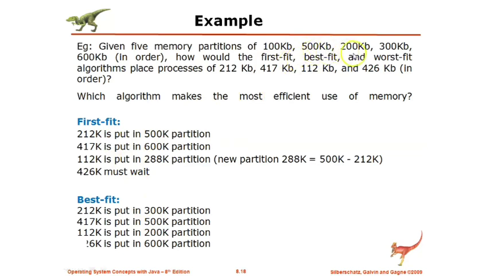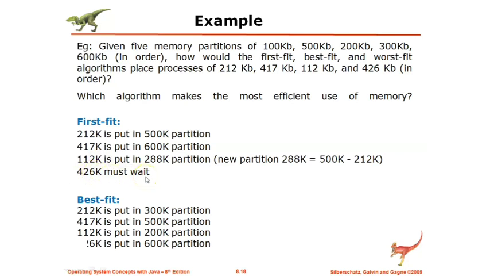The 200 KB is less than 426, 300 KB is less than 426, and out of 600 KB, 417 KB is already allocated, so hardly around 183 KB will be available. So presently there is no free memory partition which can satisfy the 426 KB, and the 426K will be in the waiting state.